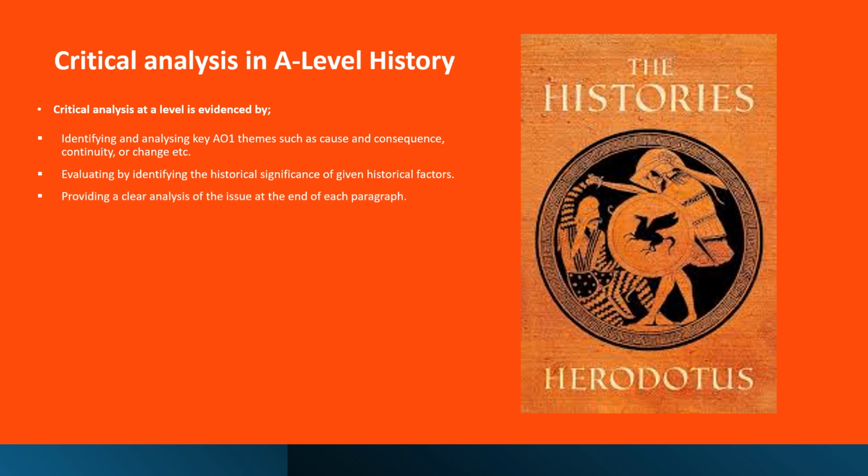Providing a clear analysis of the issue at the end of each paragraph, identifying the links between socio-economic and political or religious factors, but also spelling out to the examiner that you're clear about the historical significance and not leaving your analysis to the very end of your answer. Providing a judgment on the question with little or any narrative.